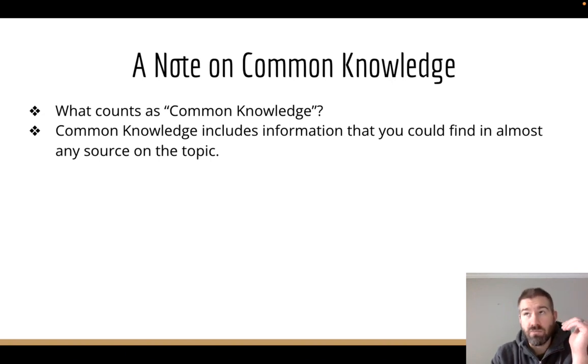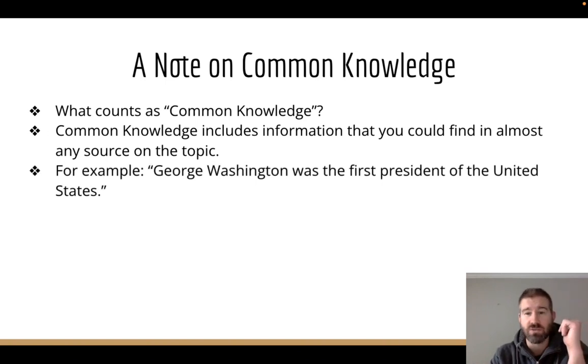Common knowledge includes information that you can find in most any source on a topic. So if you think of an obvious, straightforward fact, something like George Washington was the first president of the United States, I don't necessarily need a source for that. Primarily because that's going to appear anywhere that I look up George Washington, right?